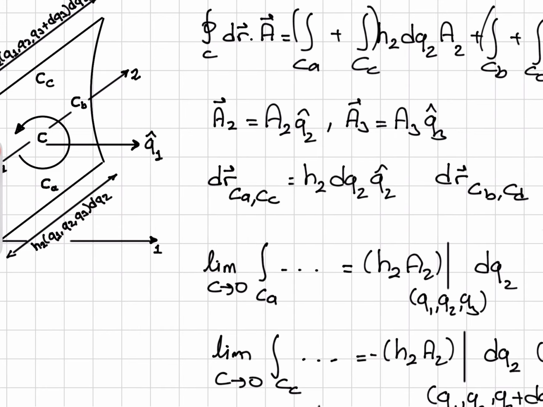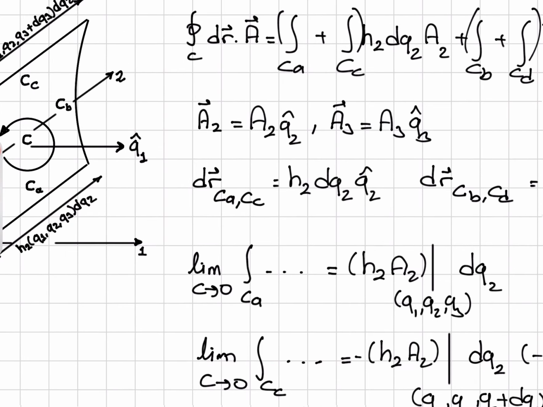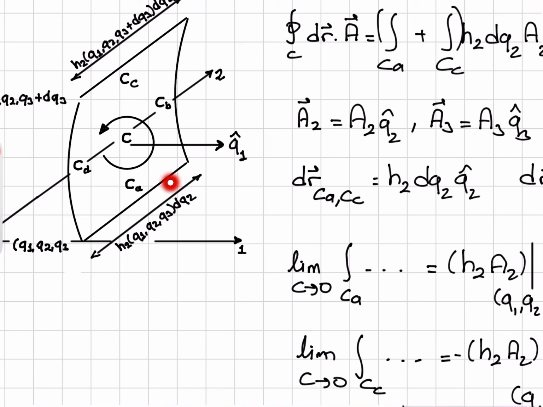For example, if I'm looking at CA, because I'm moving in the counterclockwise direction, I have h2 dq2 q2 hat dot product with A2, and the A2 vector is A2 q2 hat. So this gives me h2 A2 dq2 at the bottom, evaluated at q1, q2, q3.